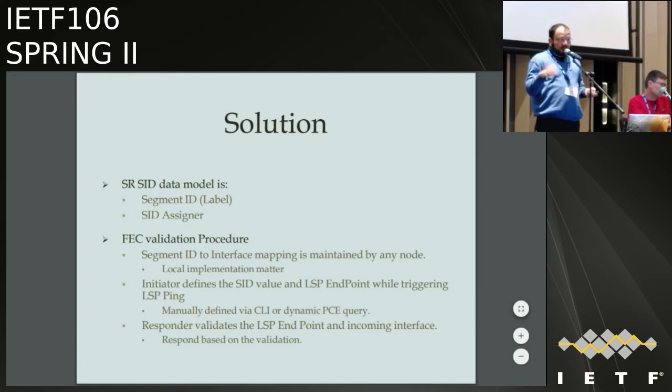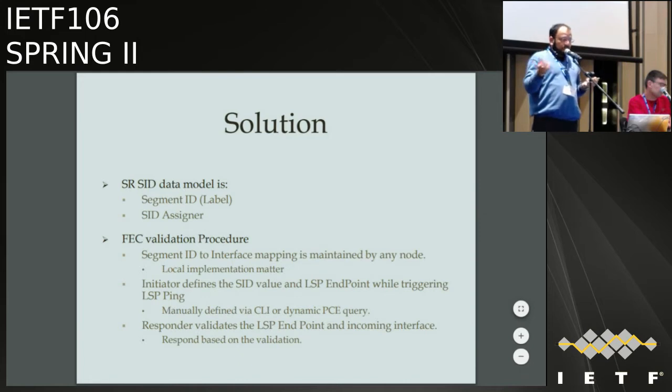So that also leads to simplification, and that is the main motivation here. Segment routing is all about simplifying the operation, and I think OAM is not really simplifying, but because of the history of control and data plane validation, we still have complexity. So once we take that SR base data model and define some procedures, those would be based on the local implementation at the egress side, maintaining a SID to interface mapping on any node.